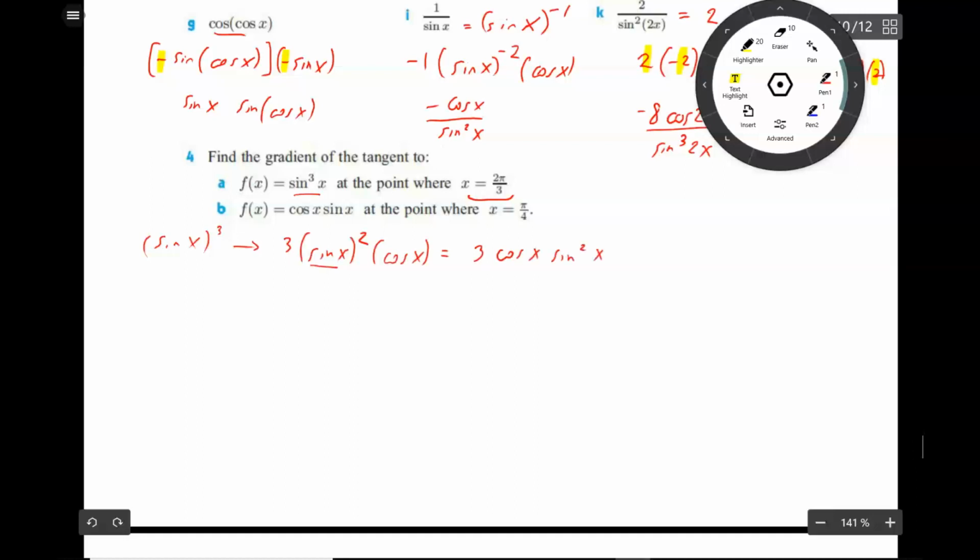So if we rewrote this without parentheses, it would be 3 cosine x sine squared x. And then we'd like to substitute in 2 pi over 3, which is 120 degrees, right? So if you remember from your unit circle quizzes, 3 cosine x, that would be 3 cosine 2 pi over 3. Cosine 2 pi over 3 is negative 1/2.